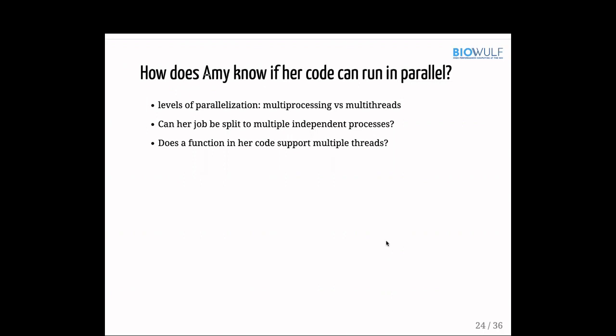However, sometimes her code might already support multi-thread parallelism. In that case, you have to let the computer know that you are going to use multi-threading. The other thing is Amy can also check if there is any function like lapply or sapply.